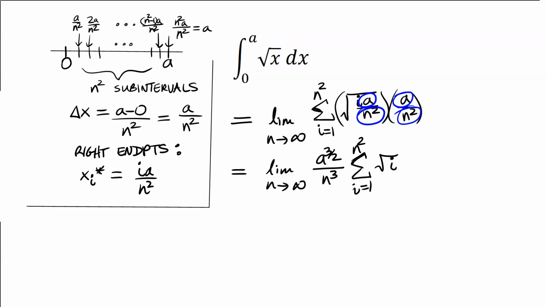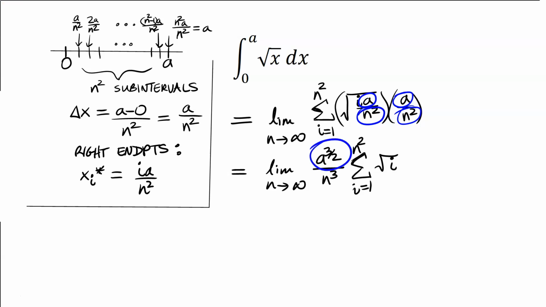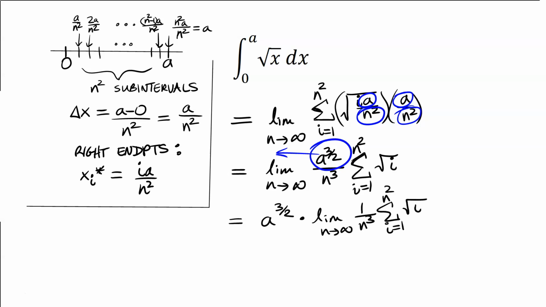Since the a to the 3/2 has nothing to do with n, that can also come out. So let's go ahead and do that final one, and then we'll focus in on this sum here. So a to the 3/2 times the limit as n goes to infinity of 1 over n cubed, sum i equals 1 to n squared of square root of i.